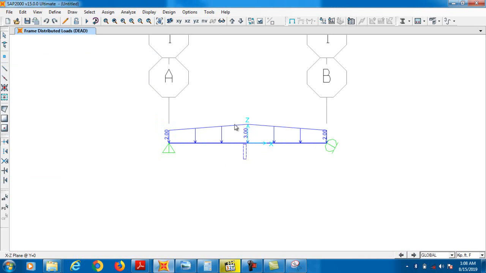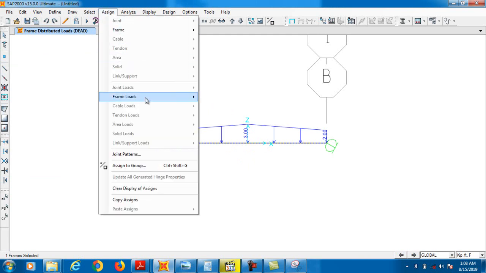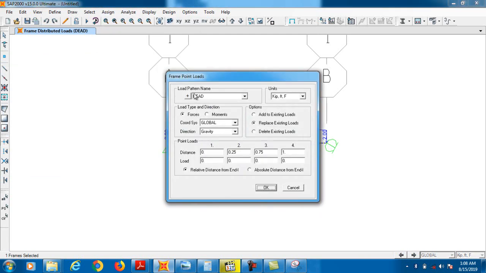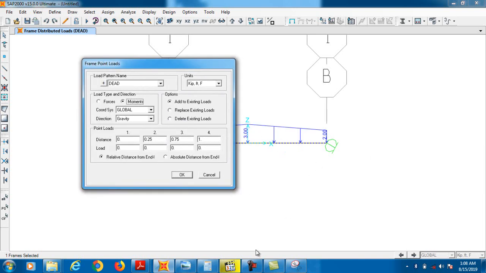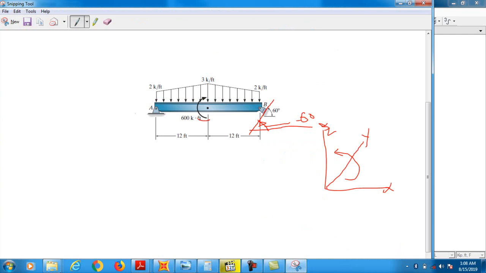At the midpoint you have a clockwise moment. So point load, feet, select moment, global, and the moment is applied about the y-axis. You can see this is x, this is z, and this is the y-axis. The y-axis is the axis passing through the screen, perpendicular to the plane.